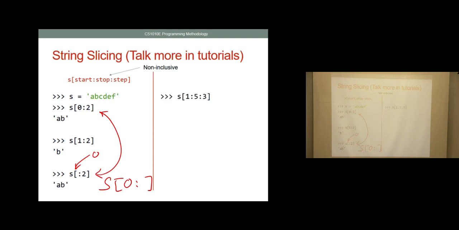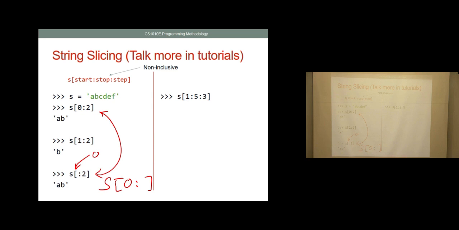And you can even give the third number. So if you interpret the first two, 1 to 5, that means I start with position 1, which is the letter B, and go all the way to 5, which is B, C, D, E. Do I include F? No, because F is position 5, but 5 is exclusive.